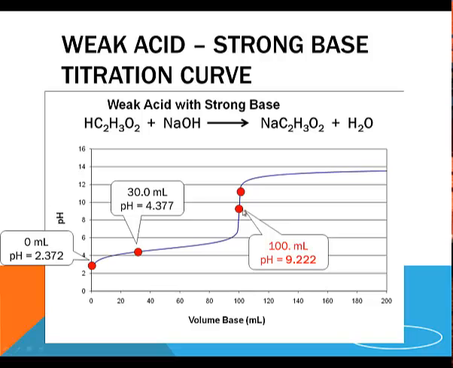Now what I want you to remember at the equivalence point of titrating a weak acid with a strong base is that there is no weak acid left and there is no sodium hydroxide strong base left. All we have is a basic salt, and this basic salt makes the solution basic. That is, it creates a hydroxide ion concentration at the equivalence point that is not equal to the hydrogen ion concentration.